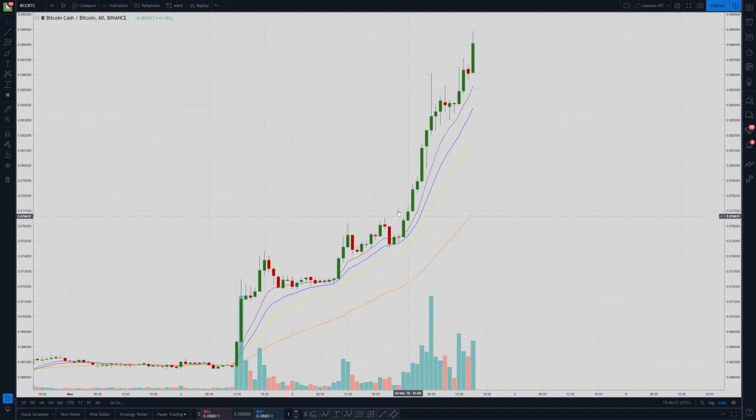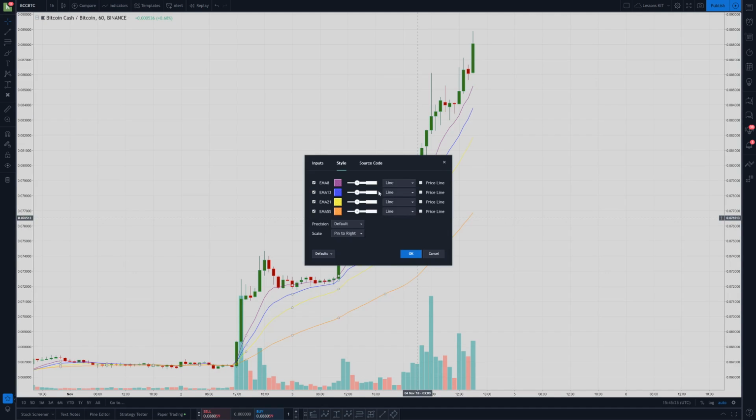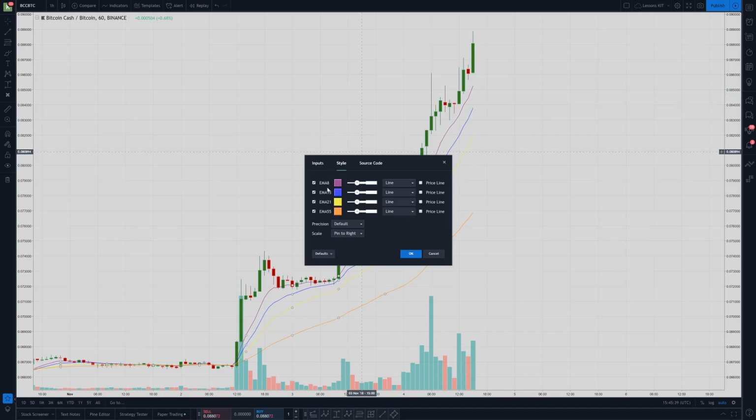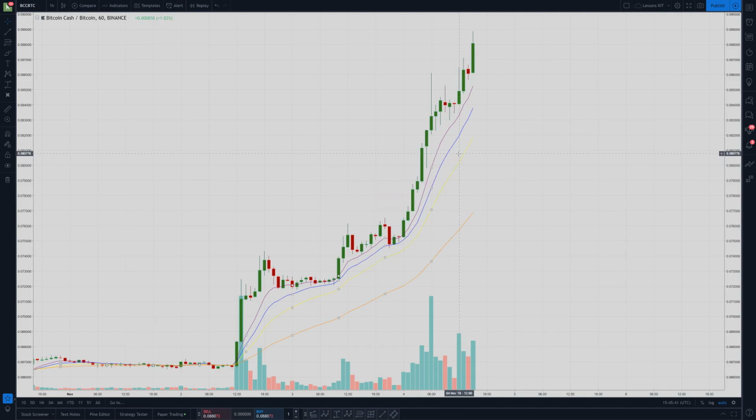And by seeing that since here, it hasn't tested the 13 tick exponential moving average, we can see that this is an interesting coin. We have had no recent tests of even the 8 tick moving average. This is an extremely good coin to trade.